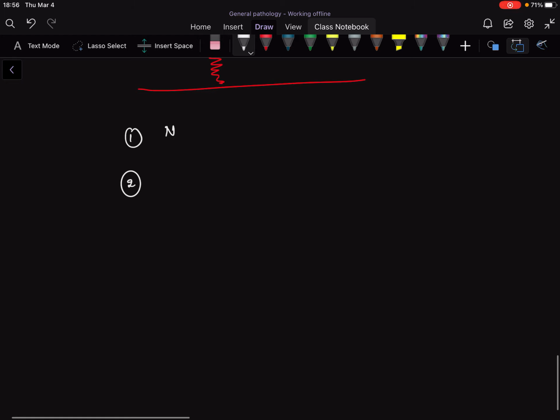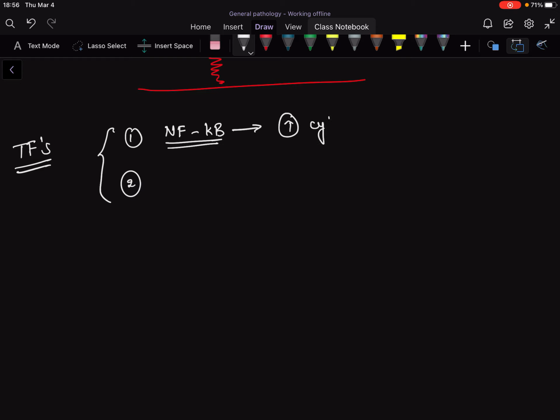First they will activate the transcription factors, which will eventually activate one of the main important pathways, the NF-kB pathway. What is the function of the NF-kB pathway? The NF-kB pathway increases the cytokines. Cytokines will attract more leukocytes.